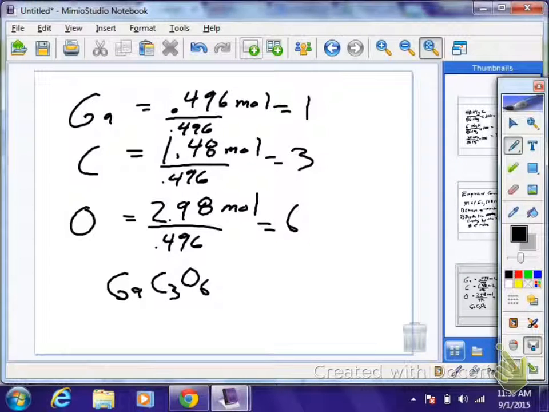Even though this isn't a molecule, its actual ratio is a little different than this. Does anybody want to guess what it is? What do you think? Is it Ga and then CO3 in parentheses and then 2? No?